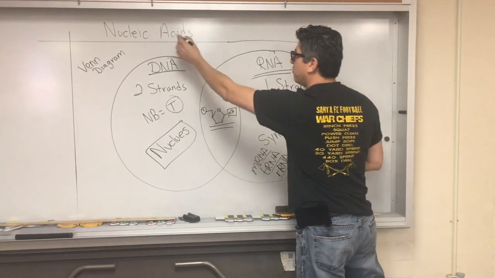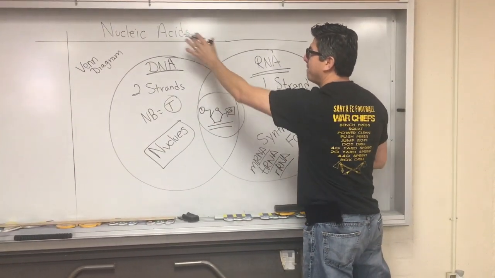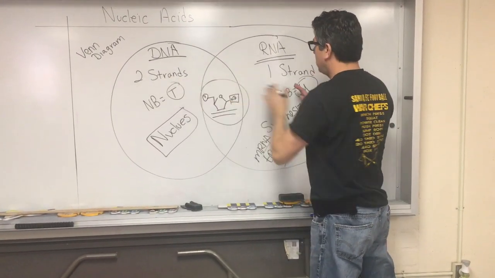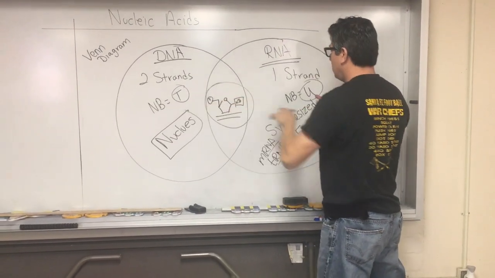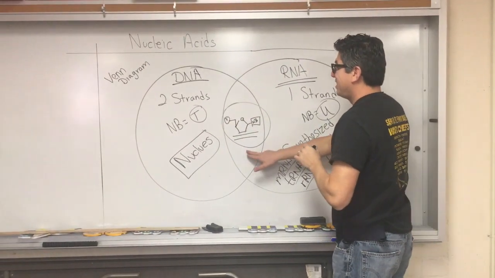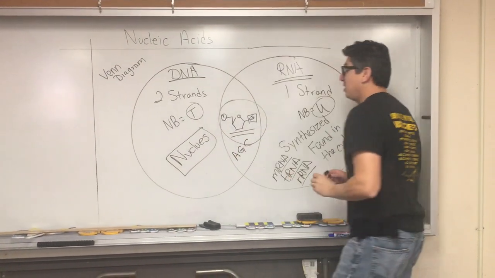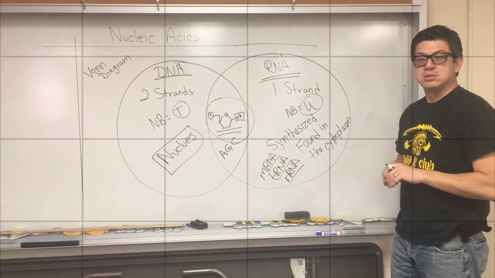DNA and RNA are both nucleic acids, made out of nucleotides. One is two-stranded, one is one-stranded. DNA contains thymine, while RNA contains uracil. In common, they both contain adenine, guanine, and cytosine. Hopefully this helps, and see you in class.